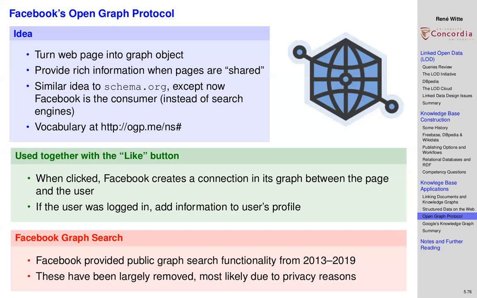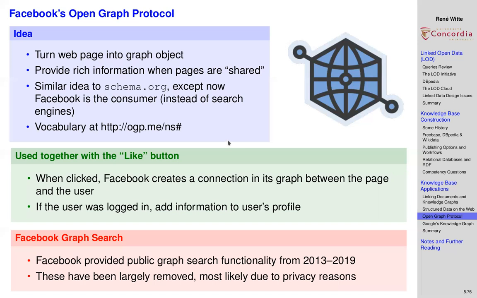So, as I mentioned, one way of using it is when it shows you relevant content in the newsfeed, but that's not actually the main use case. At one point in time, you were actually able to query this graph directly. There was something called Facebook Graph Search and various functionalities. It was available between 2013 till 2019. Since then, it was removed.